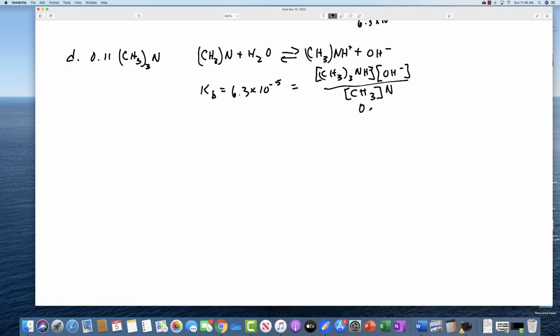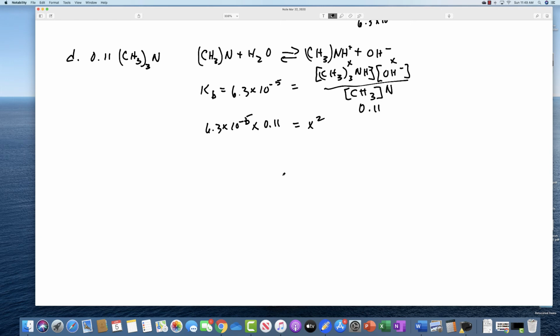And here is 0.11, and this is X, and this is X. So if you multiply this, you get 6.3 times 10 to the minus 5 times 0.11 is equal to X squared. So hopefully that straightens out the mistake on the last two that I made. If it doesn't, you can write me a note asking me to explain it again, and I will.